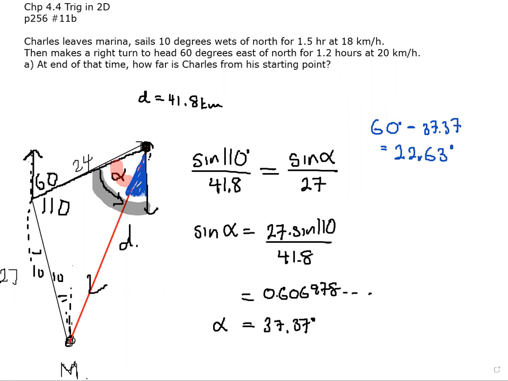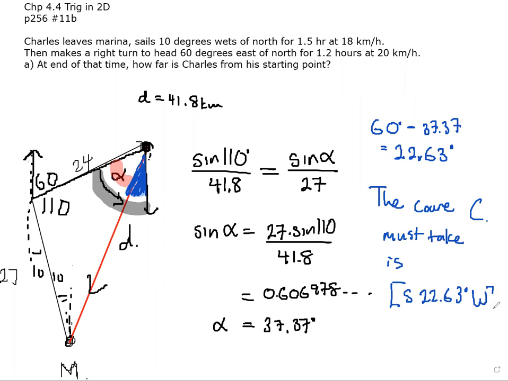Another way you can say is from the south direction, that angle is 22.63 degrees to the left. If I want to go back to the marina, the bearing or the course Charles must take is south 22.63 degrees west for a distance of 41.8 kilometers.